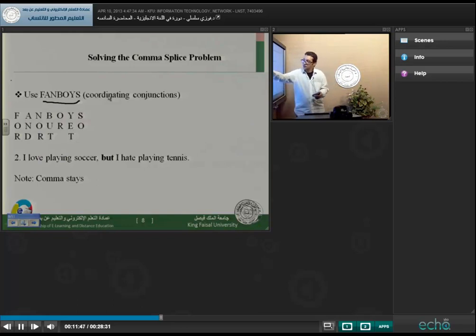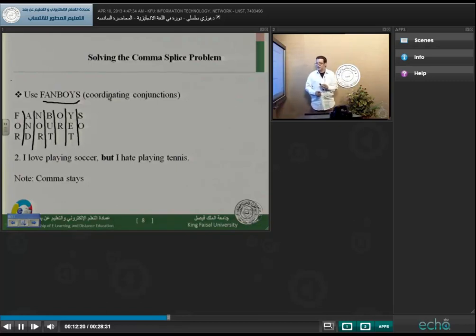Fanboys, because they include for, and, nor, but, or, yet, and so. These are connectors, coordinating conjunctions. The name sounds technical, but they're very simple. They just connect sentences.